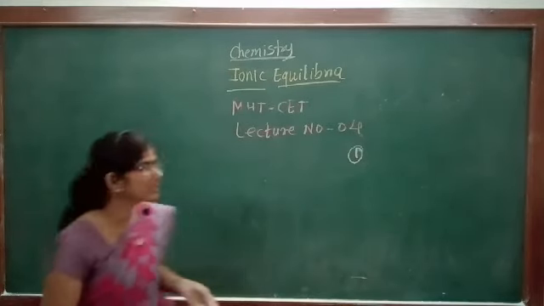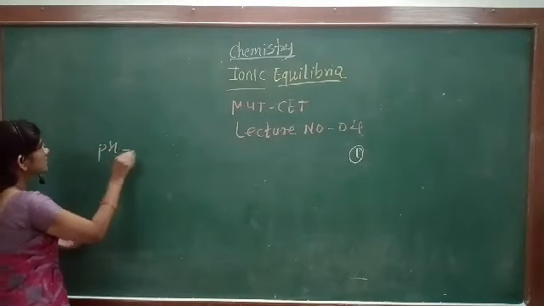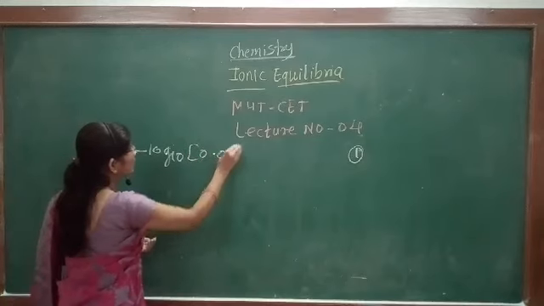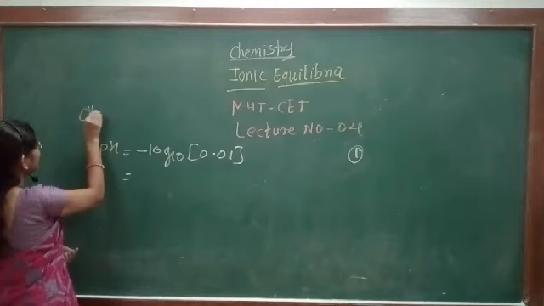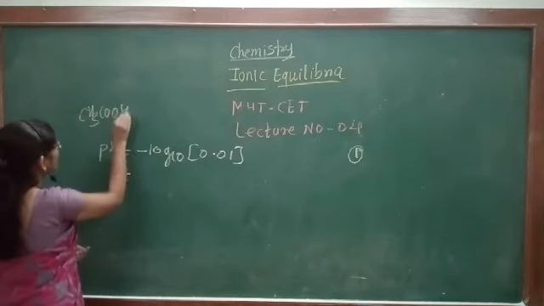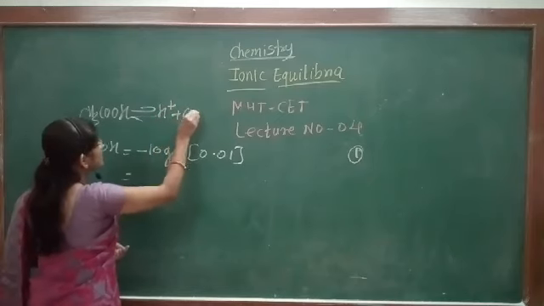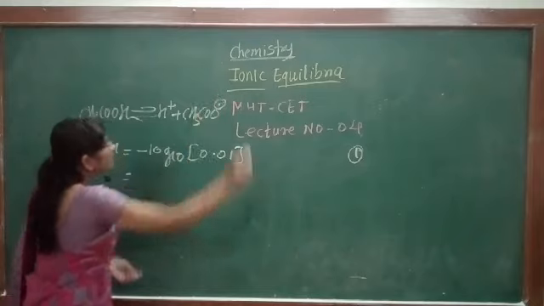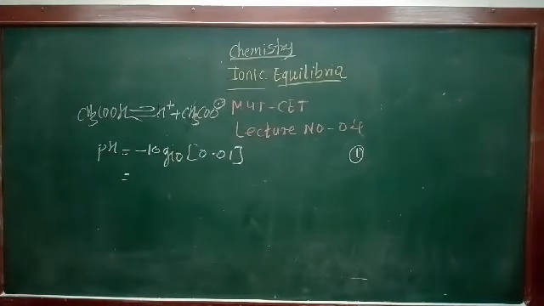If we take the concentration as 0.01, then pH is equal to negative log to the base 10 of the 0.01 molar concentration. As it is acetic acid, CH3COOH dissociates partially into H plus and the acetate ion.